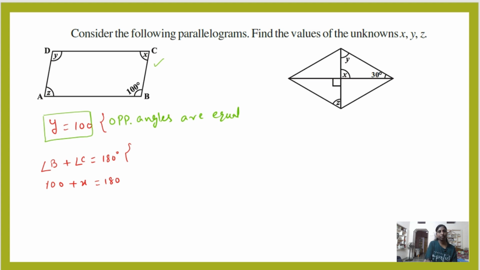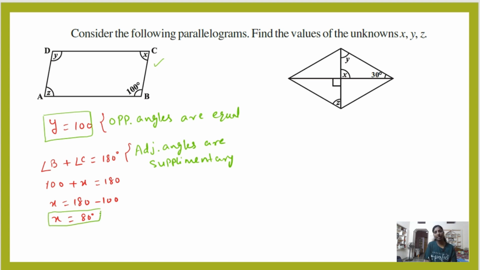You have to mention the property here: adjacent angles are supplementary. Now what is the value of x? x is equal to 180 minus 100. So x is equal to 80 degrees. So we got the value of x here.